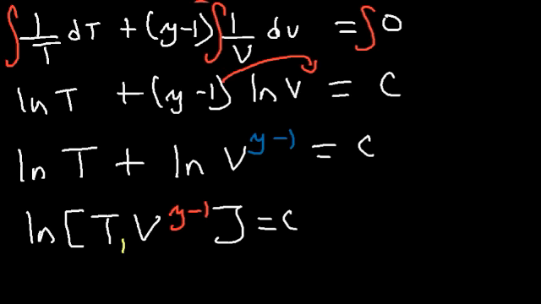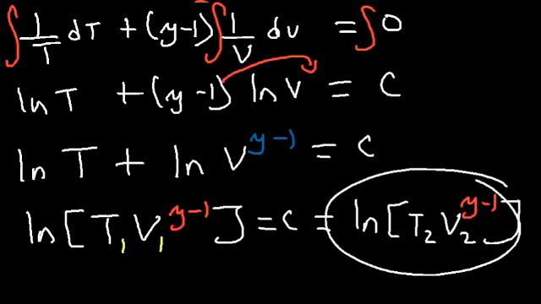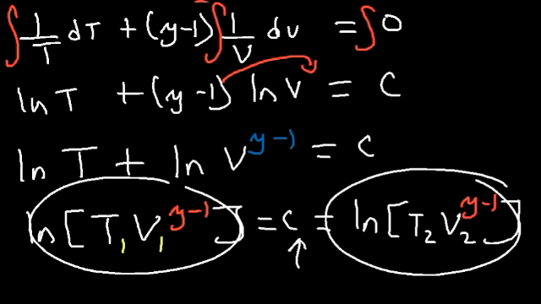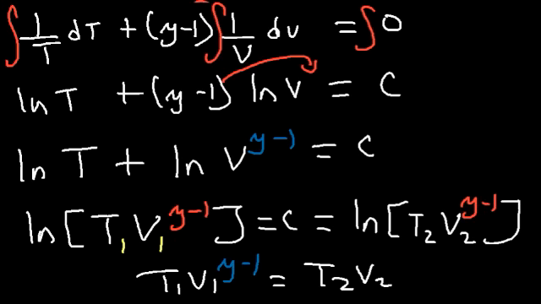So ln of T1 V1 to the gamma minus 1 is equal to a constant, which is equal to ln of T2 at a different temperature and V2 at a different volume, but raised to the gamma minus 1. So if these two are equal to the same constant, they must be equal to each other. So we can say that T1 V1 to the gamma minus 1 is equal to T2 V2 to the gamma minus 1.